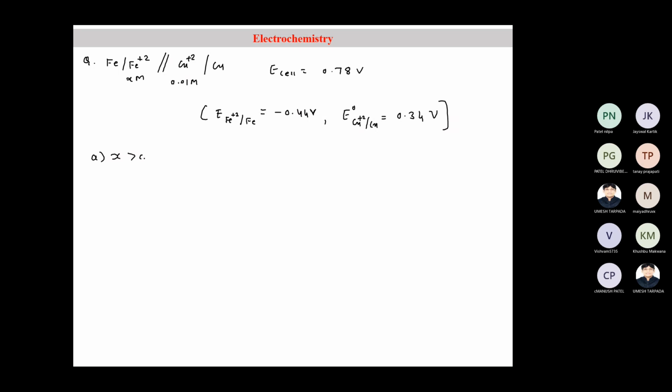The options: x is greater than 0.01 molar concentration; x is less than 0.01.